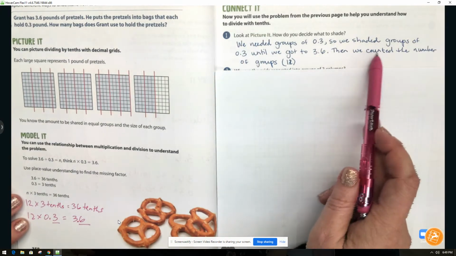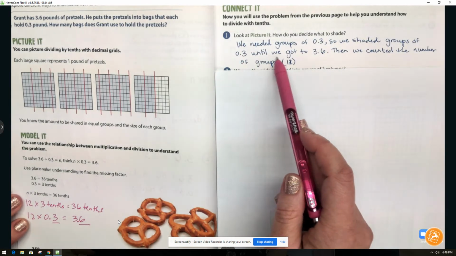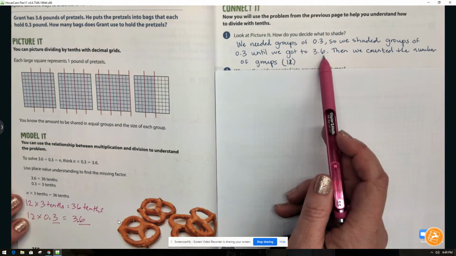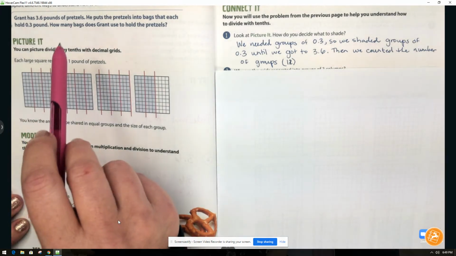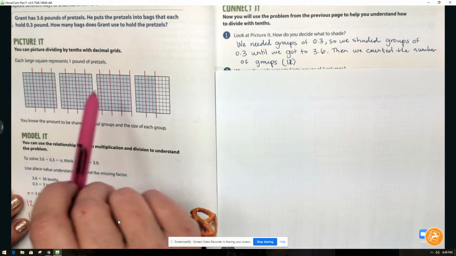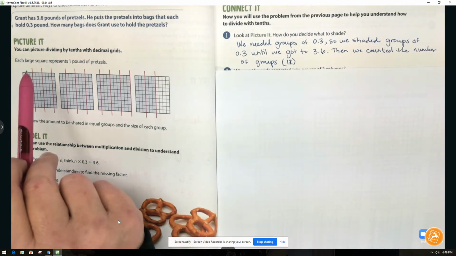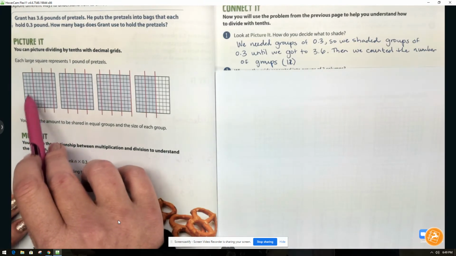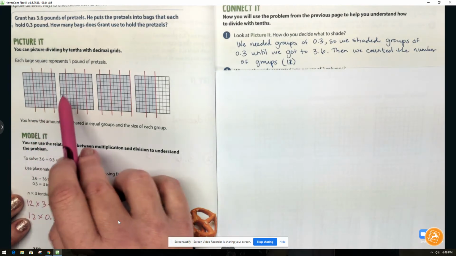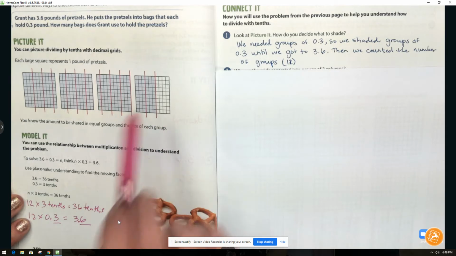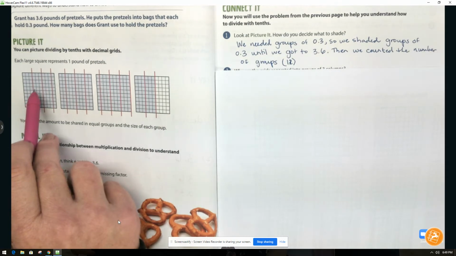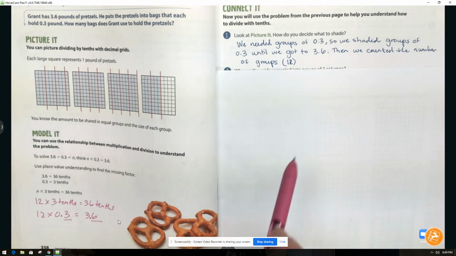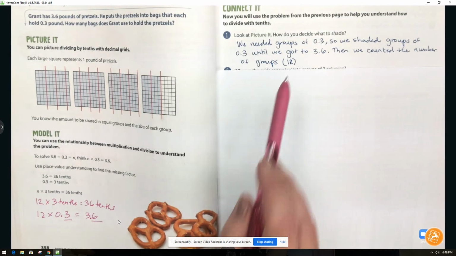So we shaded in groups of 3/10 until we got up to 3 6/10. Since we knew that we had a total of 3 6/10, and we knew that each group was 3/10, we went ahead and shaded in all of our groups until we got up to 3 6/10. And then we counted the number of groups that we created, and we see that we had created 12 groups.